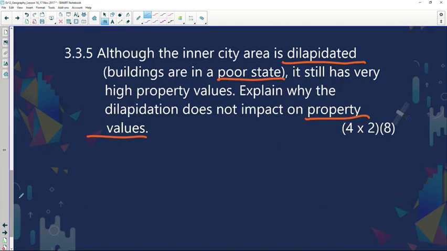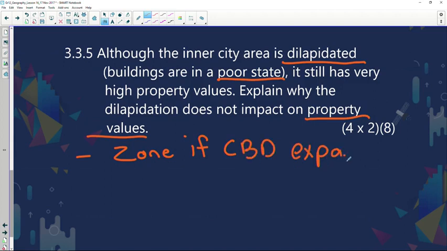Explain why the dilapidation doesn't impact on property value. And the simple reason why is because it's the zone, if the CBD expands. So if it's a dilapidated building, what will happen? They will just basically destroy it and expand the CBD from there.